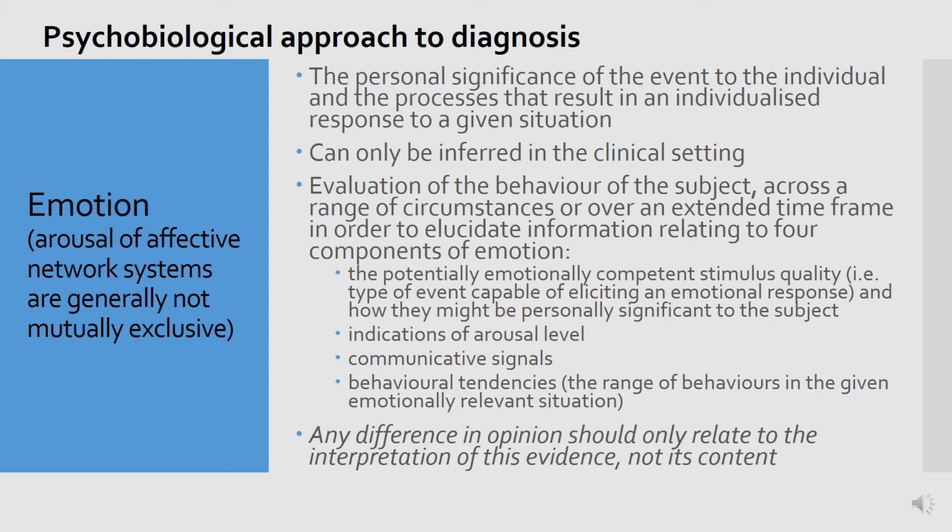And the fourth feature of an emotional response, it's a range of behaviours all directed towards a certain strategy. This is what we mean by behavioural tendencies. And they should all be relevant to that type of emotional arousal.